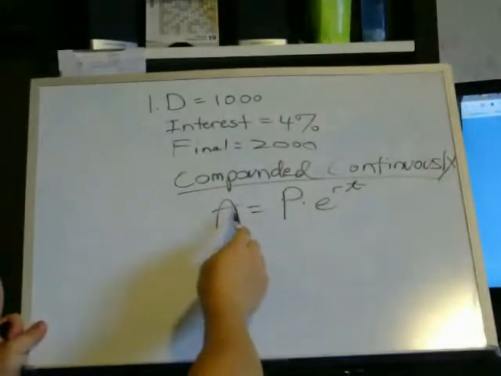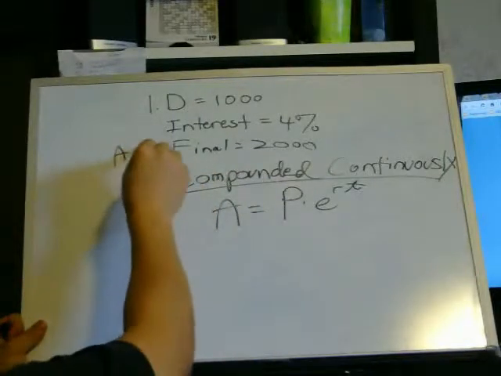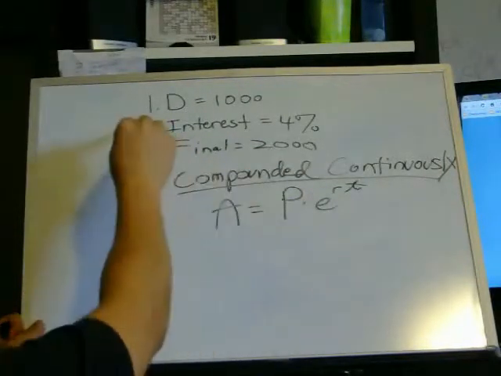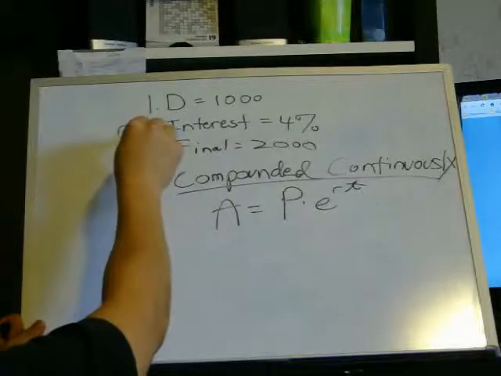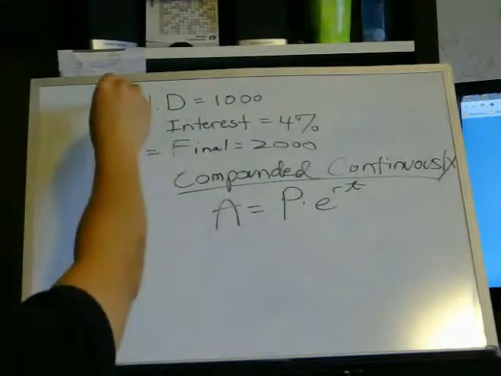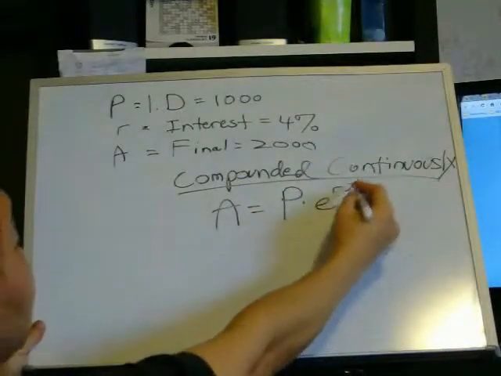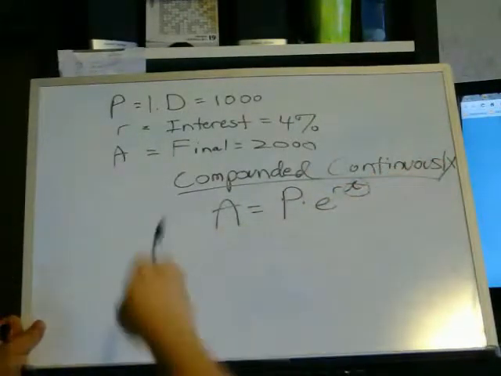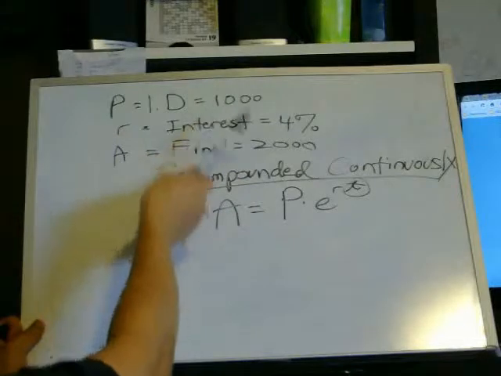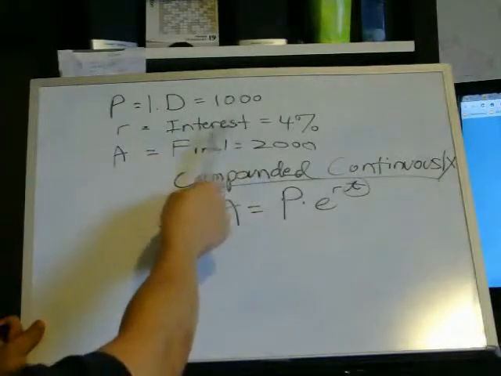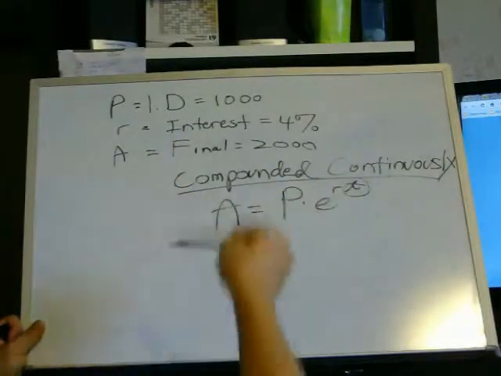Your A is the final amount, your r is the interest, and your P is the initial deposit. They're asking you how long it will take to put in 1,000 and get 2,000 if the interest is 4% and compounded continuously.